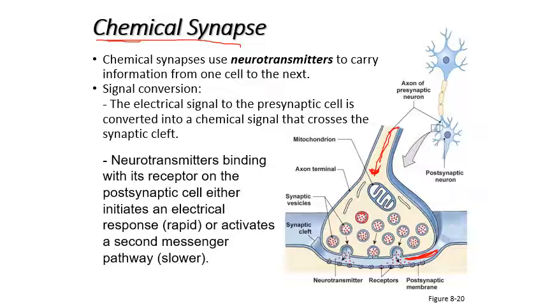If you remember our membrane transport, this is where exocytosis takes place. What cues the exocytosis of these neurotransmitters from the axon terminal into the synaptic cleft is the action potential.